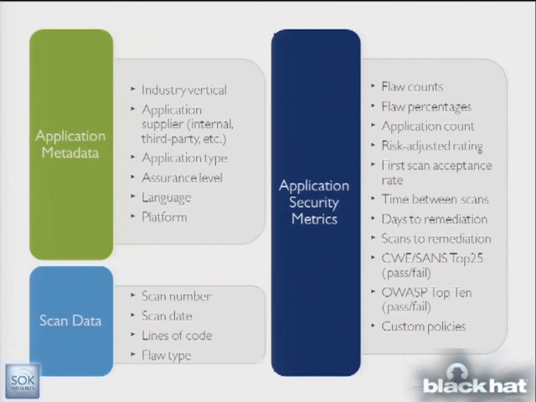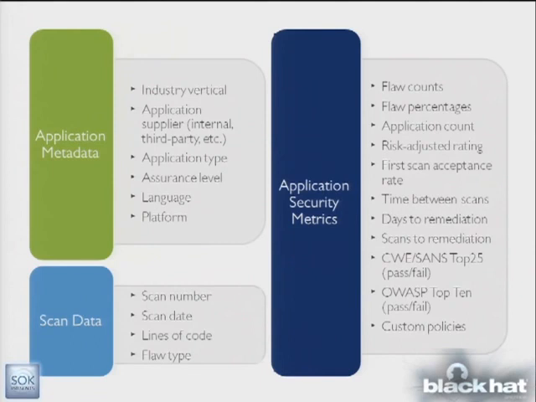That's not always so easy to do on internally developed code. And of course, we know things like language and platform. And we have our customers specify an assurance level. So based on their own risk scoring, do they see this as a critical or high risk app, or do they see it as a medium or low risk app?